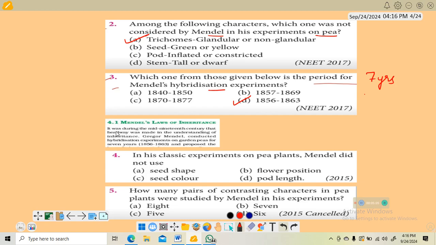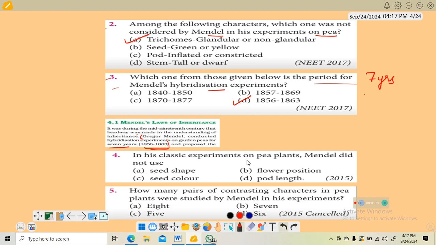In NCERT you can see, in this chapter 4.1, under Mendel's law of inheritance, there's a line: it was during the mid 19th century that progress was made in the understanding of inheritance. Gregor Mendel conducted hybridization experiments on garden peas for 7 years, 1856 to 1863. So the answer is in this line.